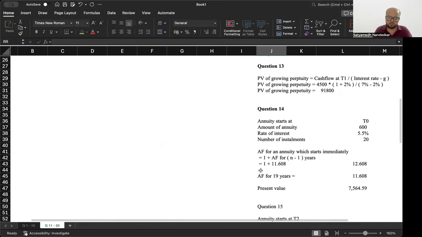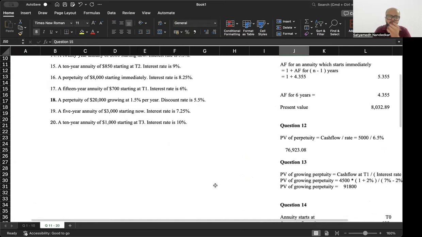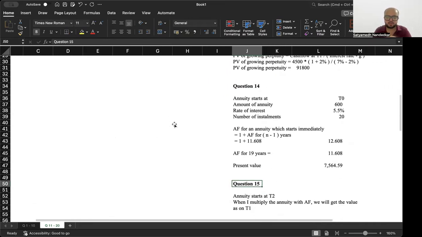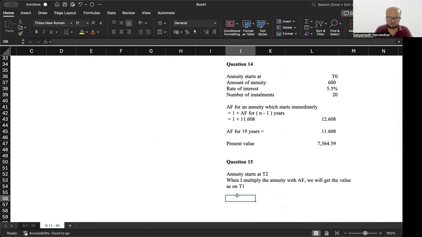So it's important, first of all, to calculate the annuity factor. A 10-year annuity, interest rate is 9%. 1 minus 1 plus r raised to minus n.